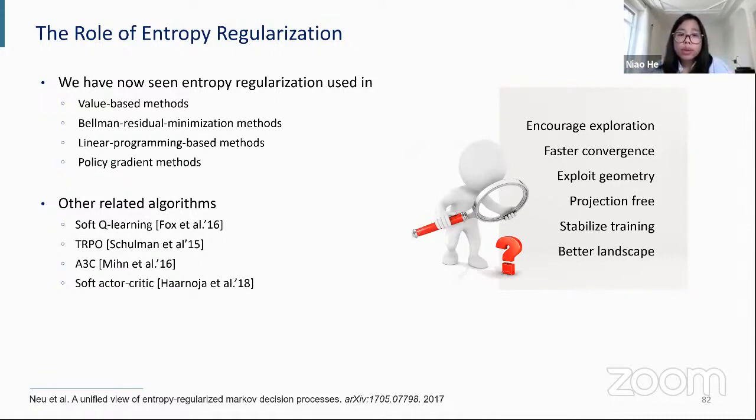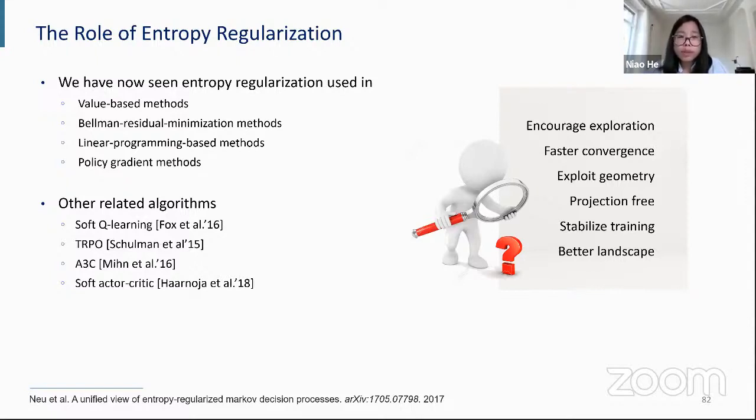The question here is really that we have seen many different aspects of this entropy regularization. In some cases, it was used to avoid doing projection on the simplex. It helps you stabilize training. It achieves better convergence.